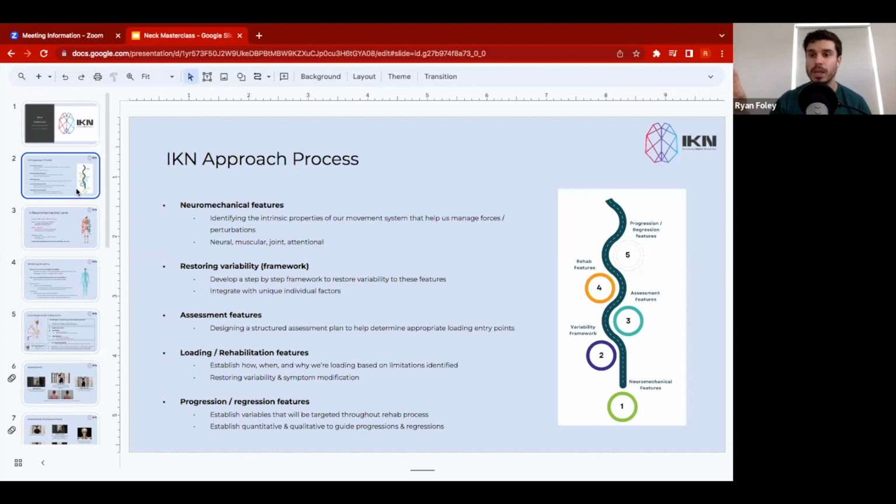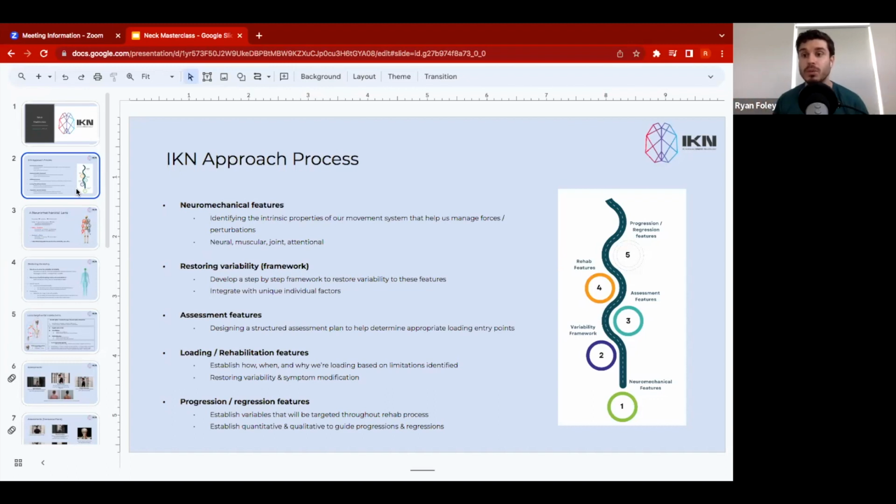So those are all unique individual features that we would need to combine with neuromechanical features to ultimately identify the best plan of action when we're trying to restore the capacity of the system and improve variability. Sometimes to improve variability, you need to address the client's beliefs about their pain experience. Because sometimes that can be the thing that's maintaining an avoidance strategy or maintaining high levels of protective muscle guarding around the cervical spine.